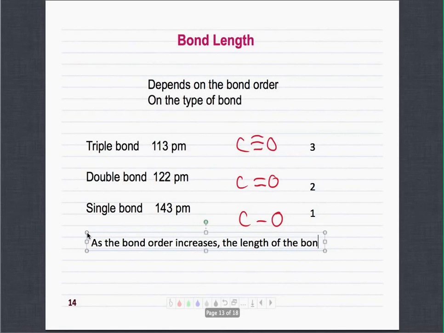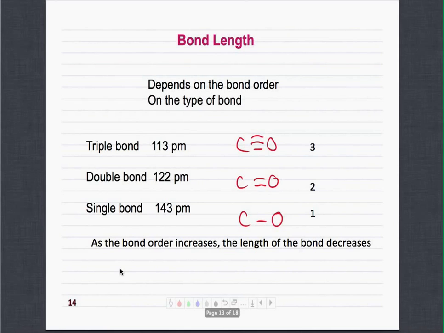In the 3 cases, the atoms are carbon and oxygen each time. The only difference is the bond order. So as the bond order increases, the length of the bond is going to decrease. That's a rule of thumb. So this is the first property, the bond length, which is affected by the bond order.